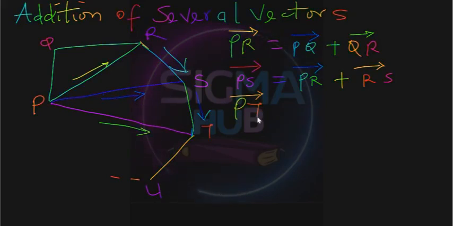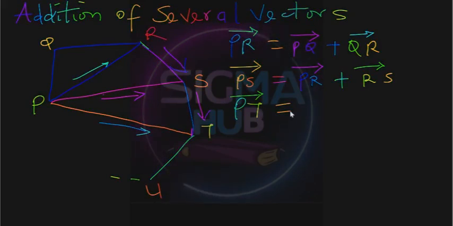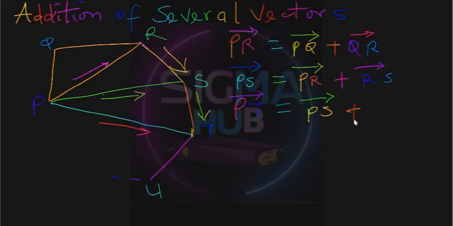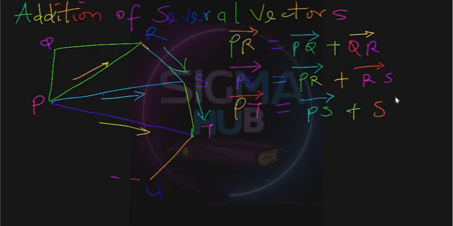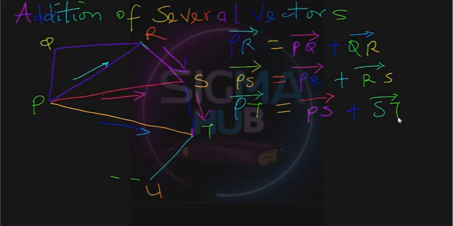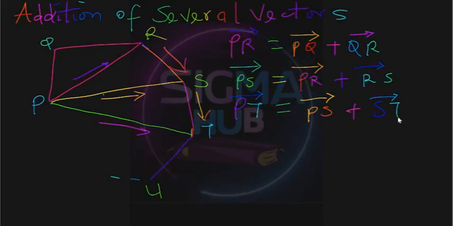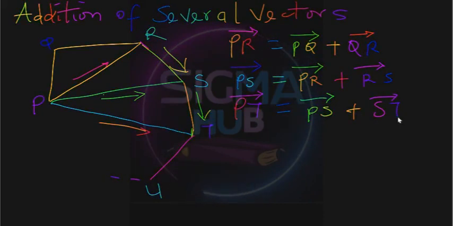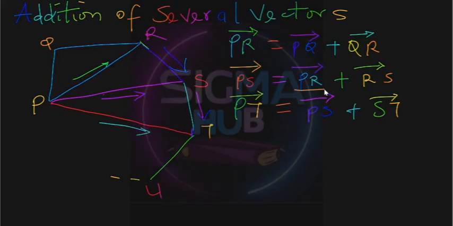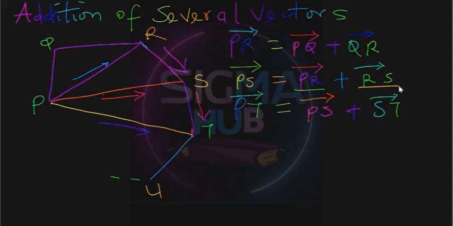So moving from P to T is the same thing as moving PS plus ST. Now, we already know that PS is PR plus RS.